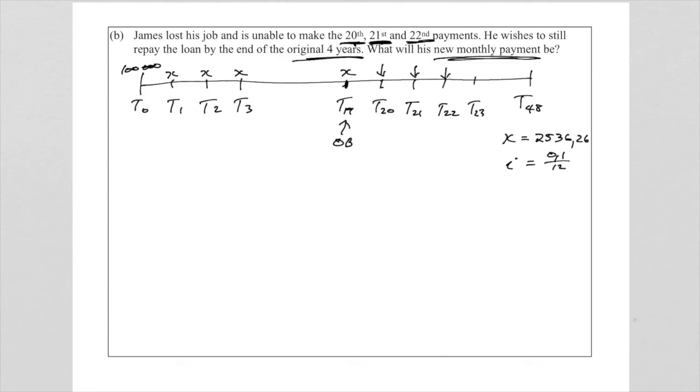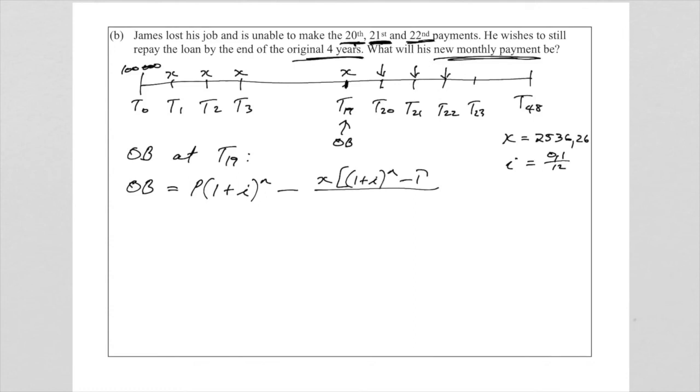So let's now look at this outstanding balance at T19. Our formula for outstanding balance is compound interest, 1 plus I to the n, subtract future value annuity, 1 plus I to the n minus 1 over I. So let's just substitute this now.